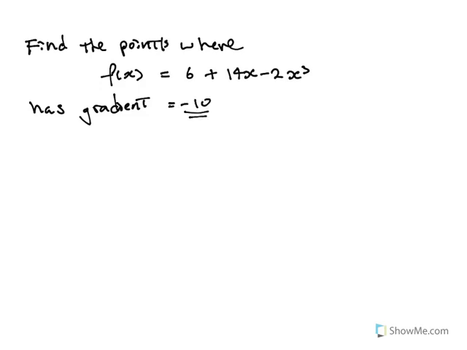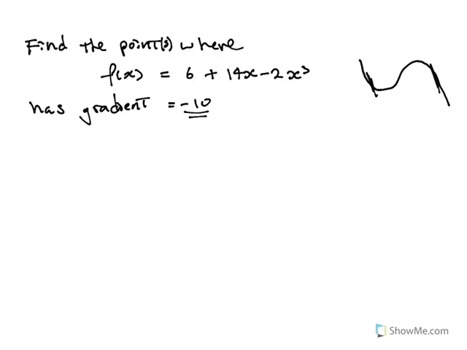I'm going to say points because there may be more than one point. I want to find the value of x. Now, first of all, notice this is a double bend curve. As x gets very big, it's going to get large and negative. So there's going to be, I reckon, 2 places where that curve has a gradient of negative 10. Let's see how we go on.